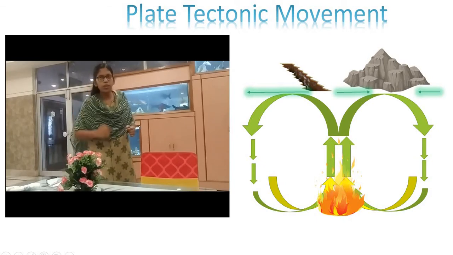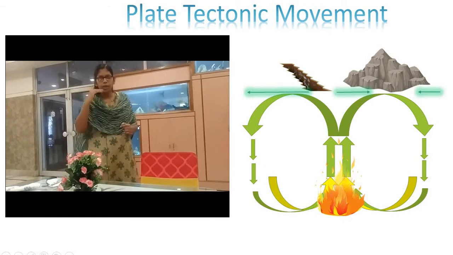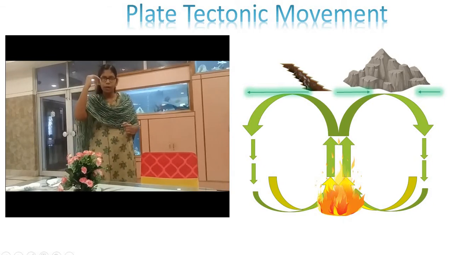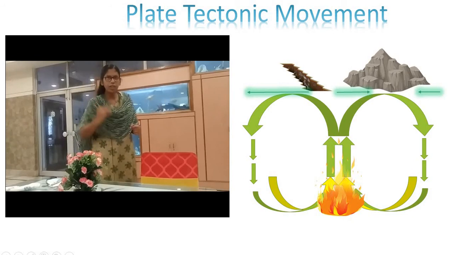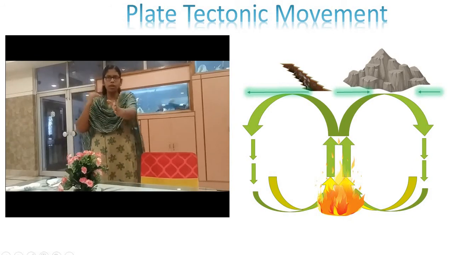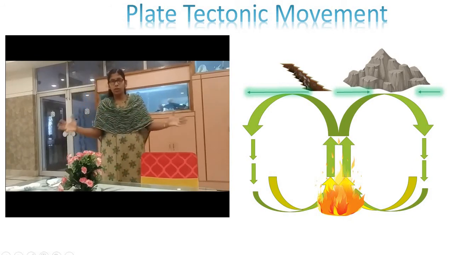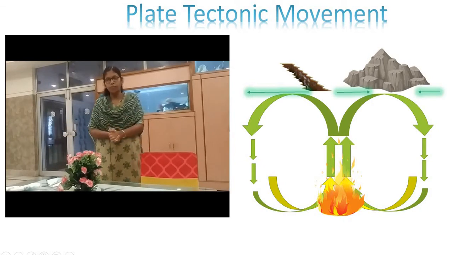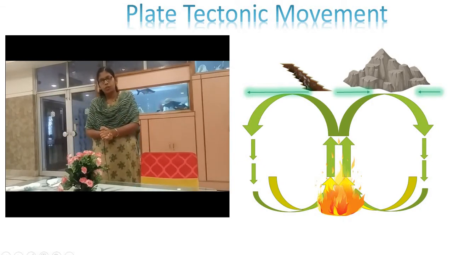Because of this continuous movement, this is known as the convection cycle. It is going up, becoming cool, coming down, heating, 4,400 degrees centigrade. So this is the amount of heat that is stored there.